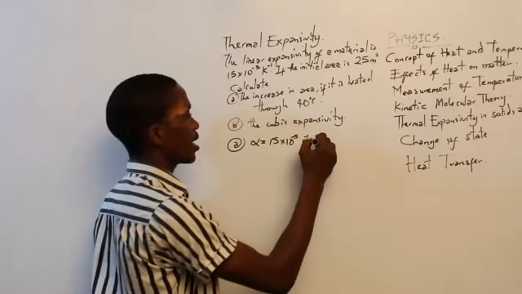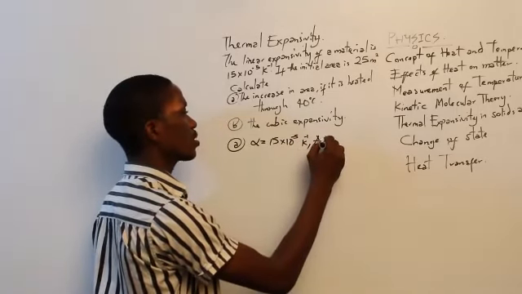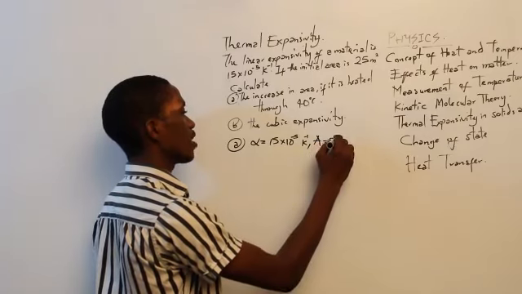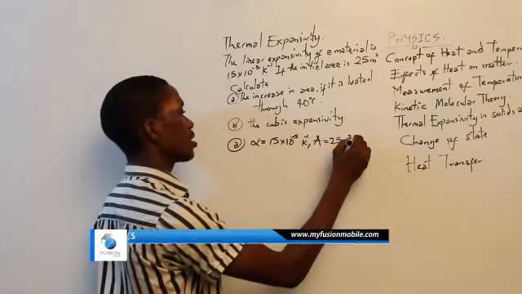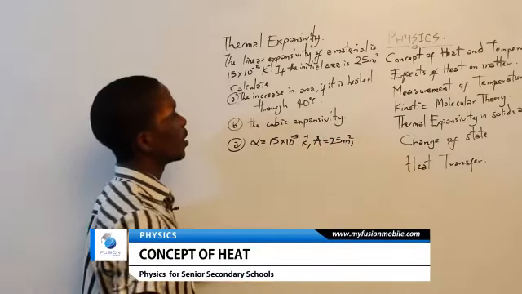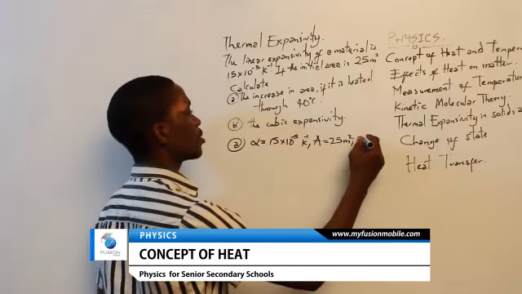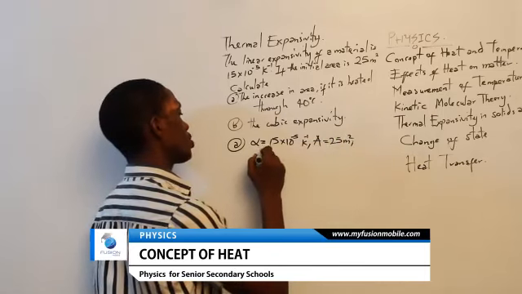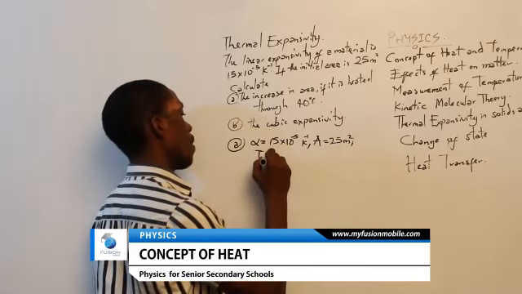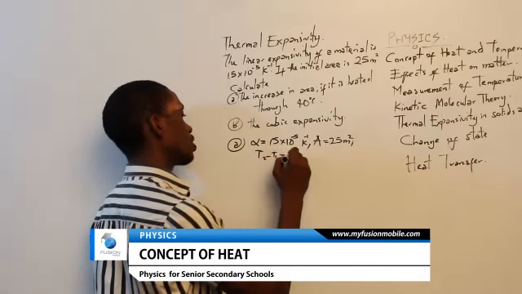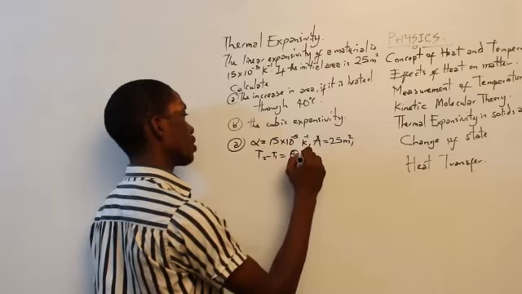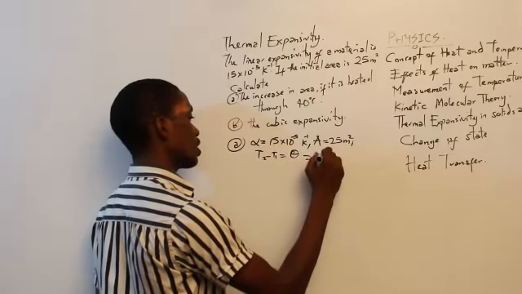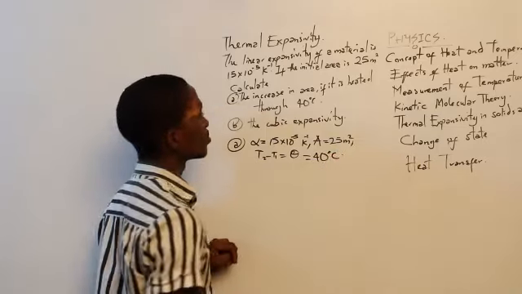Next, we can see the area, which is given as 25 meters squared. And also we're given the change in temperature. Change in temperature is T2 minus T1, which is the same thing as theta, which is 40 degrees C.